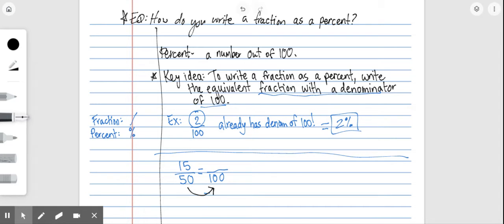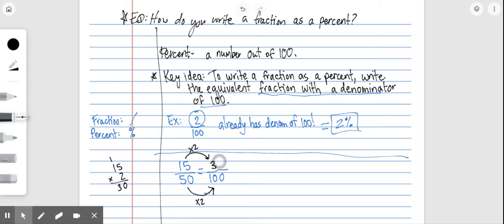Well, 50 times 2. There are 2 groups of 50 in 100, which means in the numerator, I need to multiply by the same thing. Because remember, when you have equivalent fractions, you multiply the numerator and denominator by the same number. 15 times 2. Well, maybe I don't know that, so I'm going to do 15 times 2. 2 times 5 is 10, carry the 1. 2 times 1 is 2, plus 1 is 3.